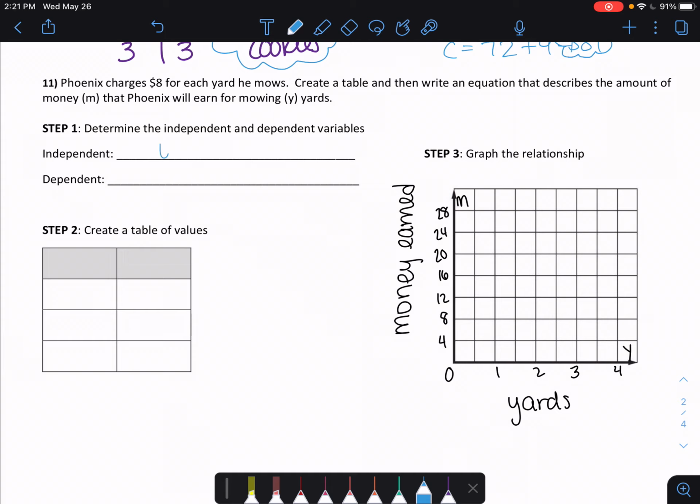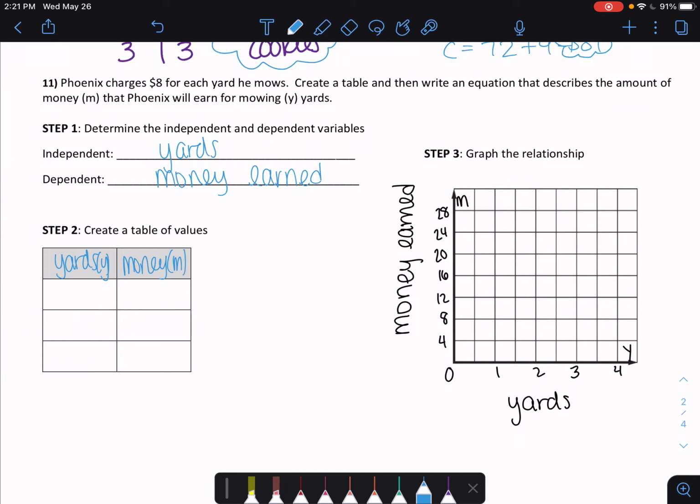Well, he has to mow the yards first before he can earn any money. So no one is going to pay him until he mows the yard. So I'm going to have yards in my input and money earned in my output. And they used Y and M, so I will use the same.